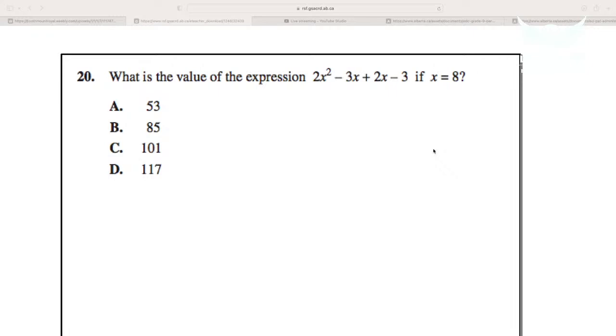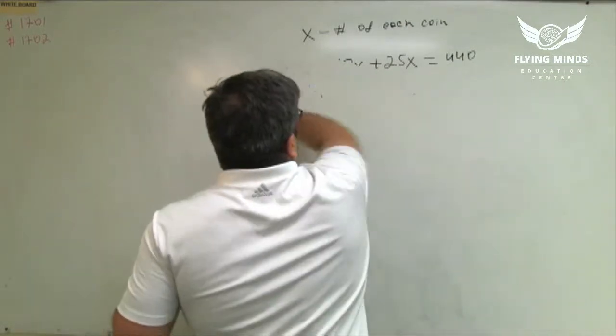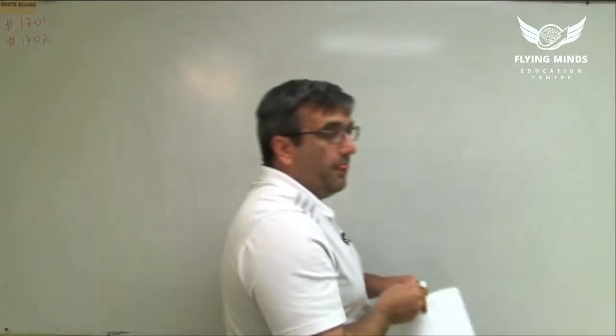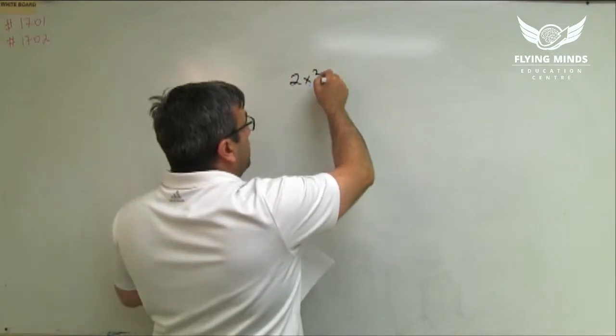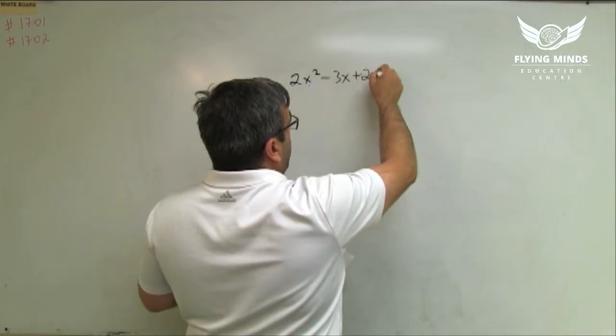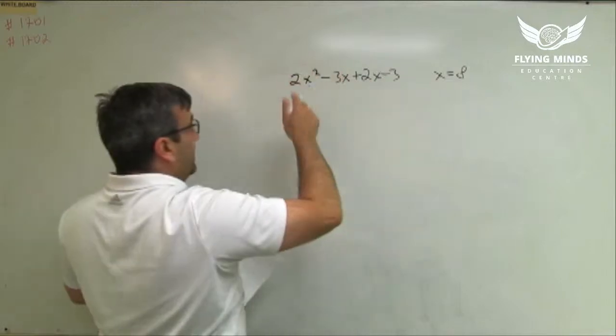So, what is the value of the expression 2x squared minus 3x plus 2x minus 3 if x equals 8? Okay. 2x squared minus 3x plus 2x minus 3, x equals 8. So we just plug it in.